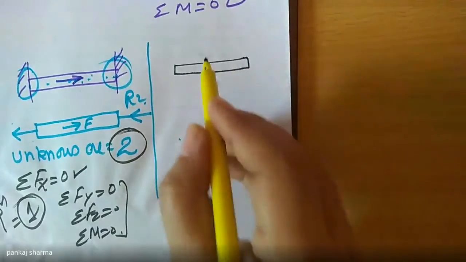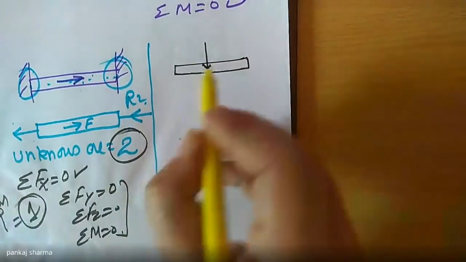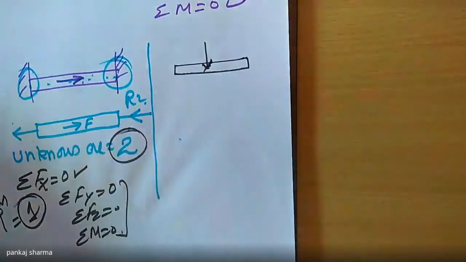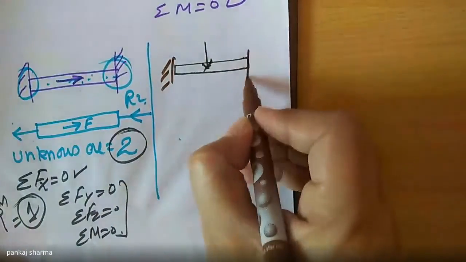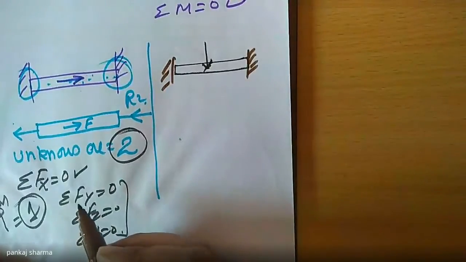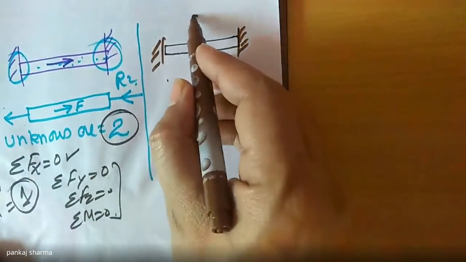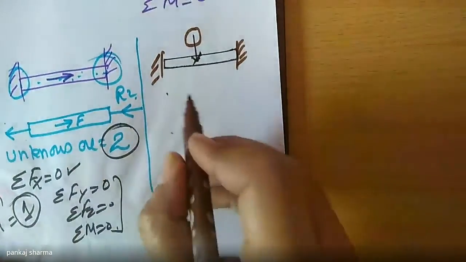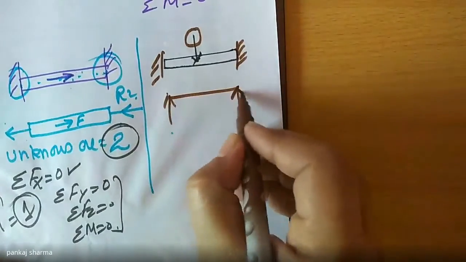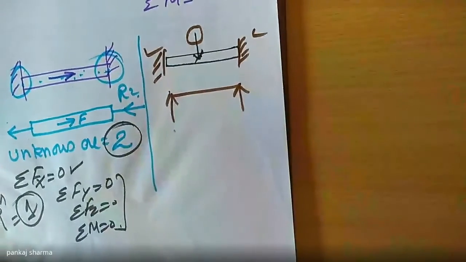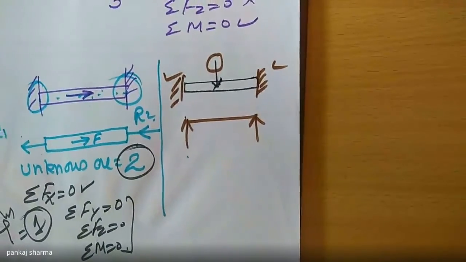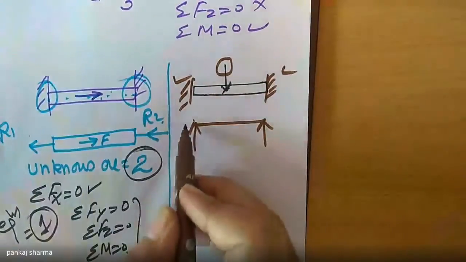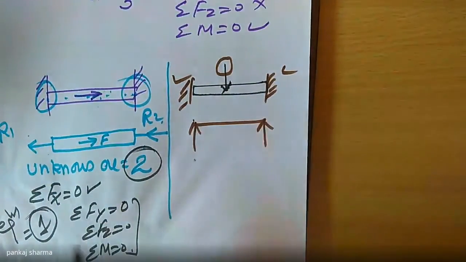I am again taking a simple example just to clarify. Only a vertical force is there. The weight of the beam is negligible. It is a fixed beam. So a vertical force is there, meaning vertical reactions must be there as per the property of this fixed beam. Now, is the horizontal reaction present or not?